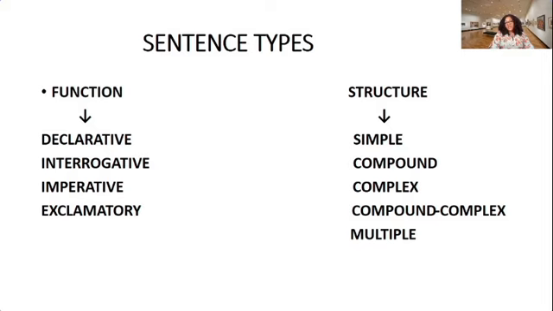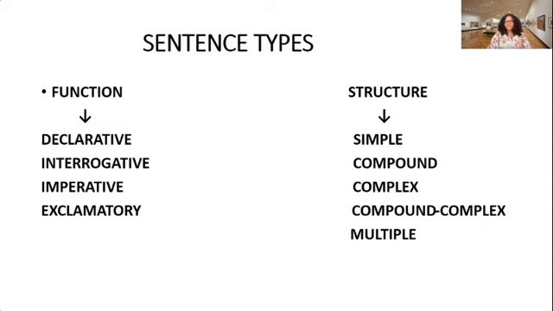Sentences have types, and there are 2 ways of categorizing them. It's either you categorize sentences according to their function, that's what we use them to do, or you categorize them according to their structure. When we talk about structure, we are looking at the constituent parts, what makes up the sentence. And on the function, we have 4 types of sentences.